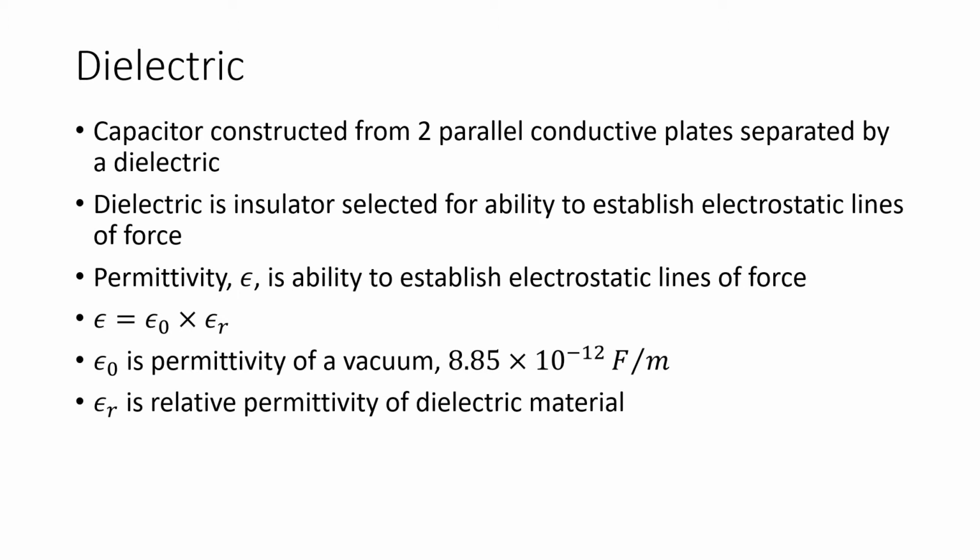Permeability is the ability to establish magnetic lines of force or magnetic fields, and permittivity is the ability to establish electrostatic fields or electric fields. And just like with permeability, permittivity is the permittivity of a vacuum times some relative permittivity value.